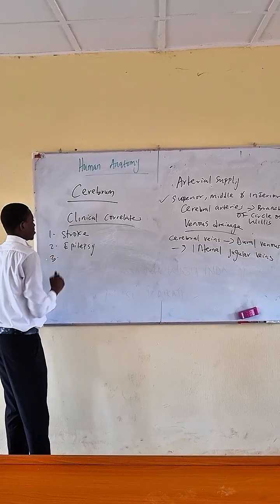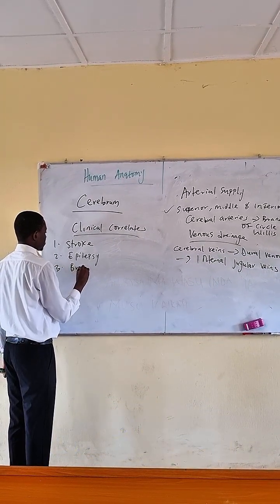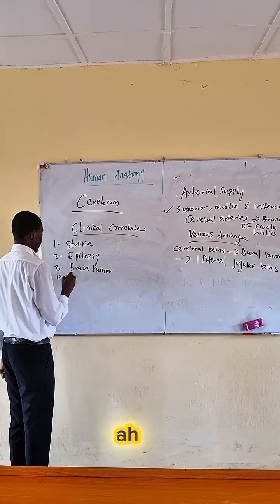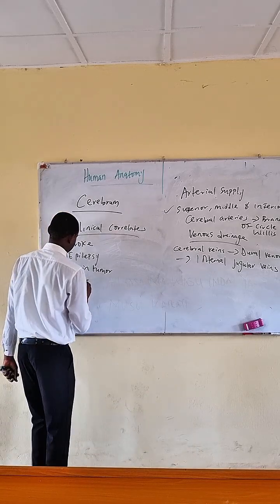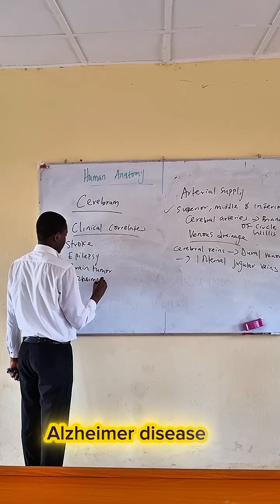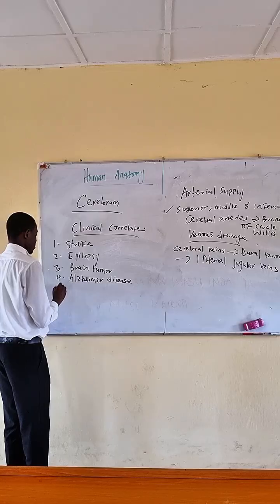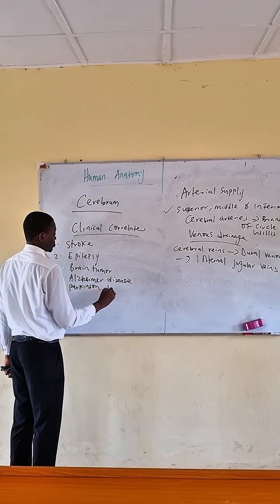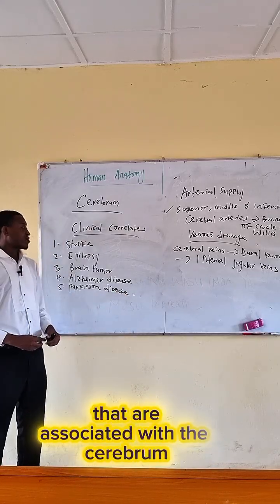Three, we have a condition called brain tumor. Alzheimer's disease. Then lastly, Parkinson's disease. So these are clinical conditions that are associated with the cerebrum.